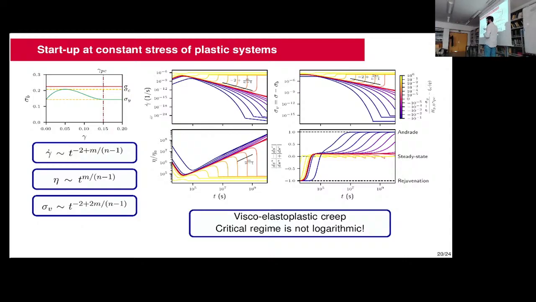The exact value is not really important, but what matters is that if we change how we describe the yield peak, here it's just a parabola, but if we decide to use any other shape that still creates a yield peak, we get the same scalings. Because what really matters in the creep regime is how we are approaching the top of the yield peak. And yes, we get some really generic exponents that are stronger than unity, so stronger than logarithmic.